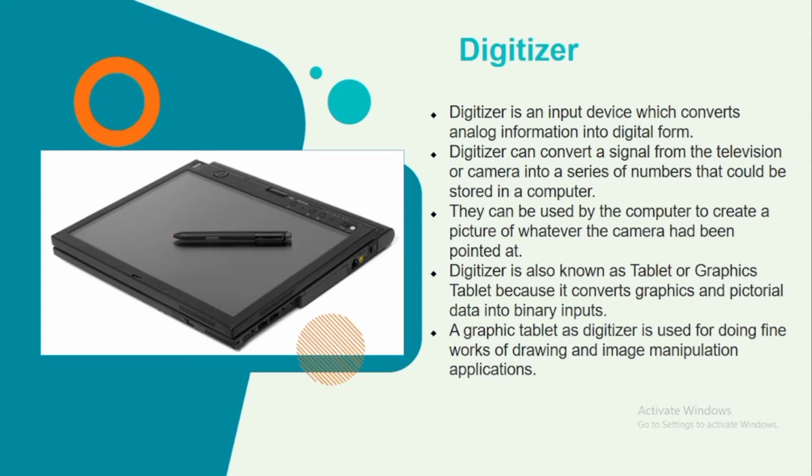A digitizer, also known as a tablet or graphic tablet, has the same function, which is to convert graphics and pictorial data into binary inputs. A graphic tablet as a digitizer is used for doing fine work of drawing and image manipulation application.